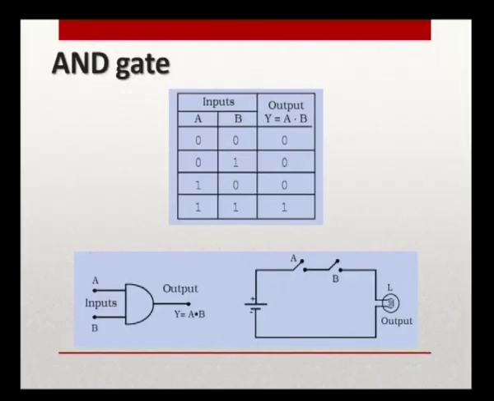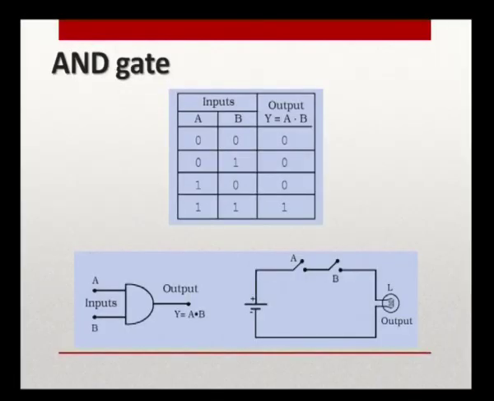Both A and B should be high to give an output high. What about the other combinations? Obviously the output will be 0 for all other combinations. So let us have a look at the truth table to understand the AND operation.